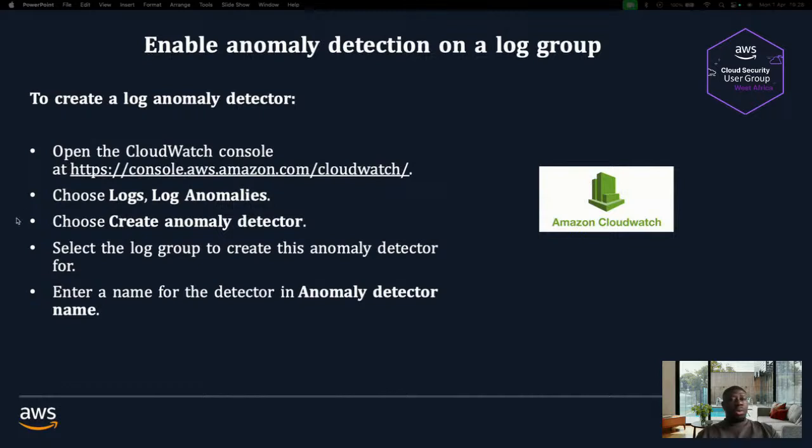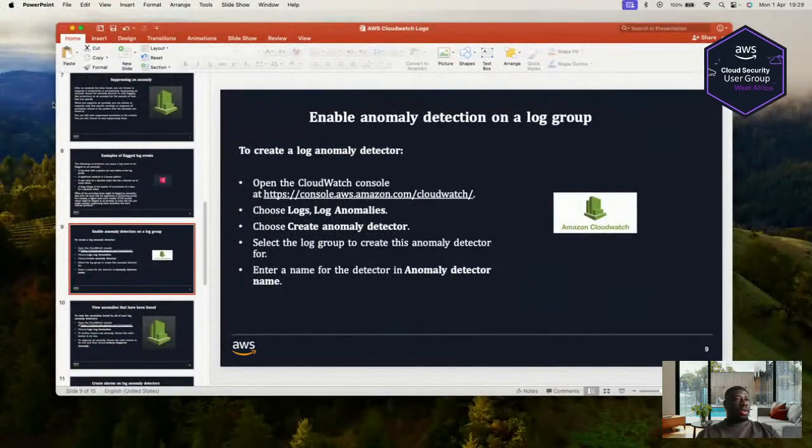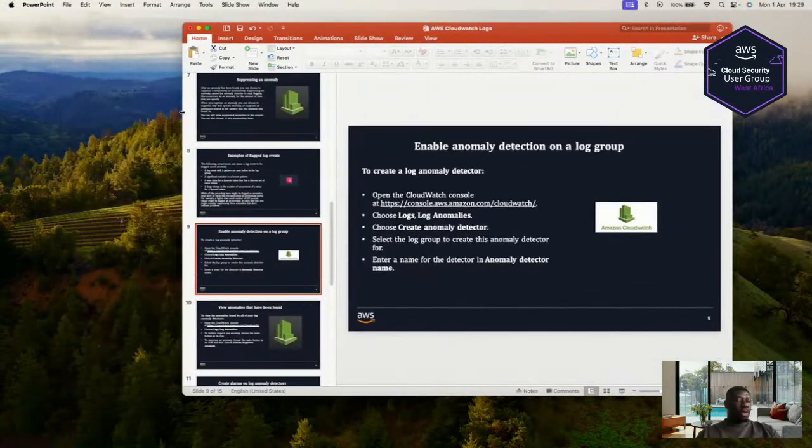Let me know if you're able to see my screen. I'm going to probably make it this way, and then I'm going to bring my screen this way, so that you are able to see this. Yes.